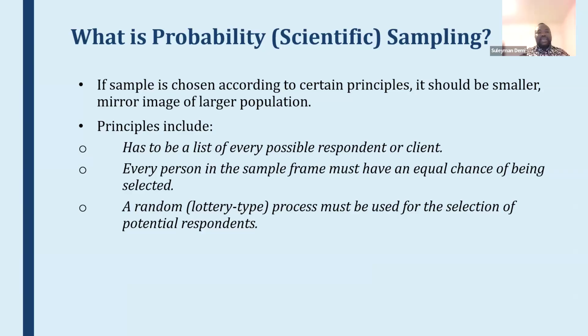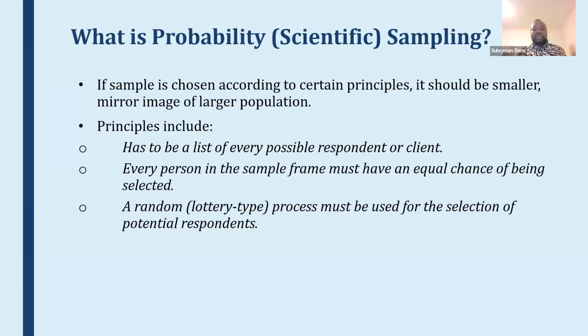So you have to get the list of all the nurses possible. Then every person in the sample frame must have an equal chance of being selected. So the way you select out of the entire population, each individual should have an equal opportunity of being selected.